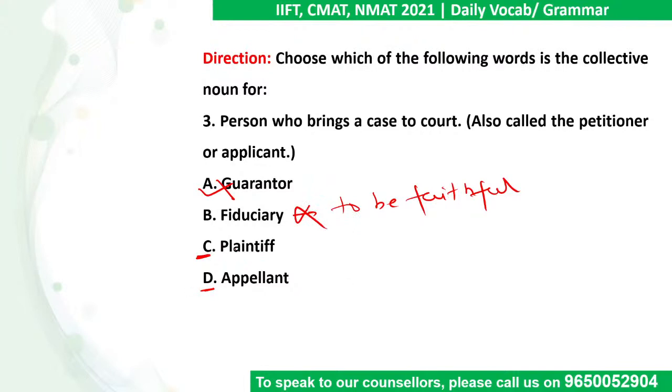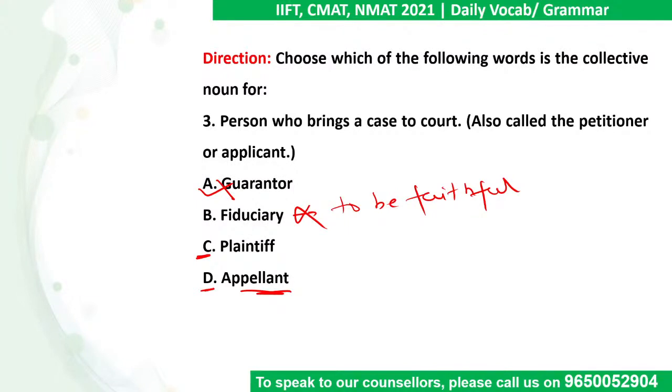Difference between appellant and plaintiff. A plaintiff is a person who brings the case to the court. An appellant is someone who takes his case from a lower court to a higher court for the reversal of a decision.